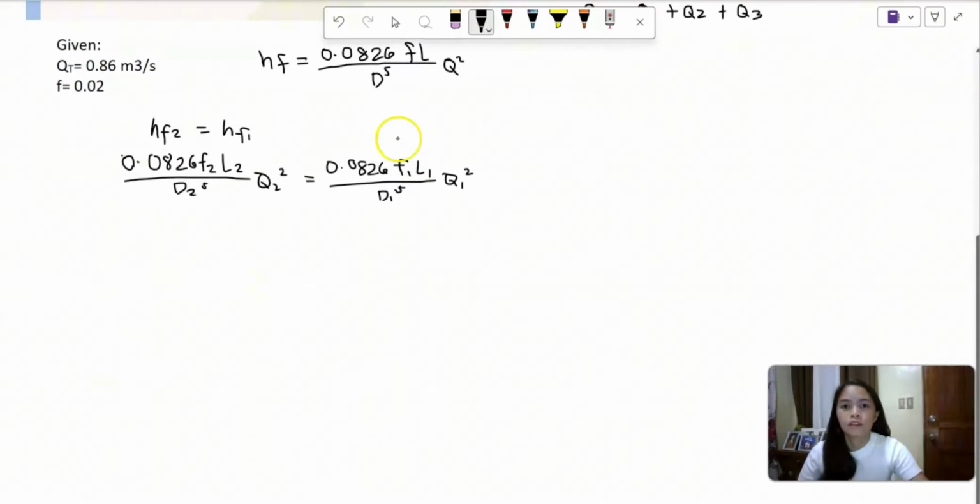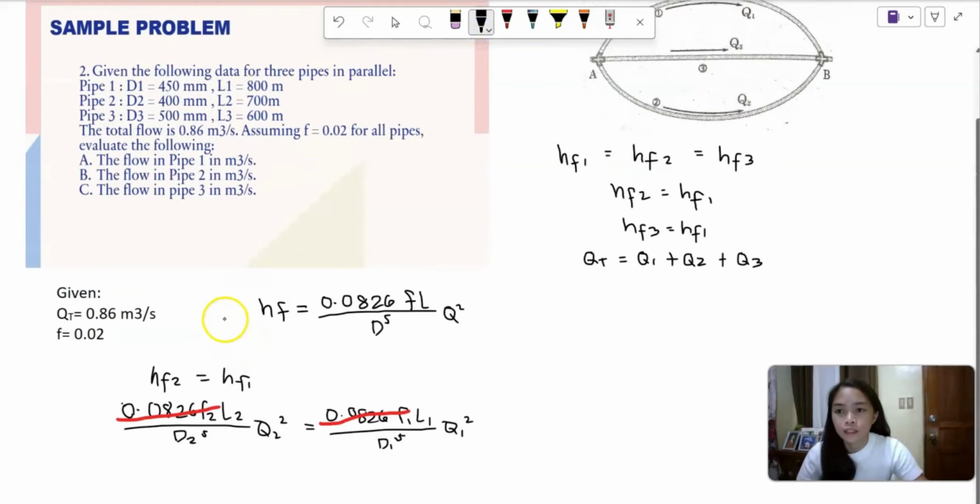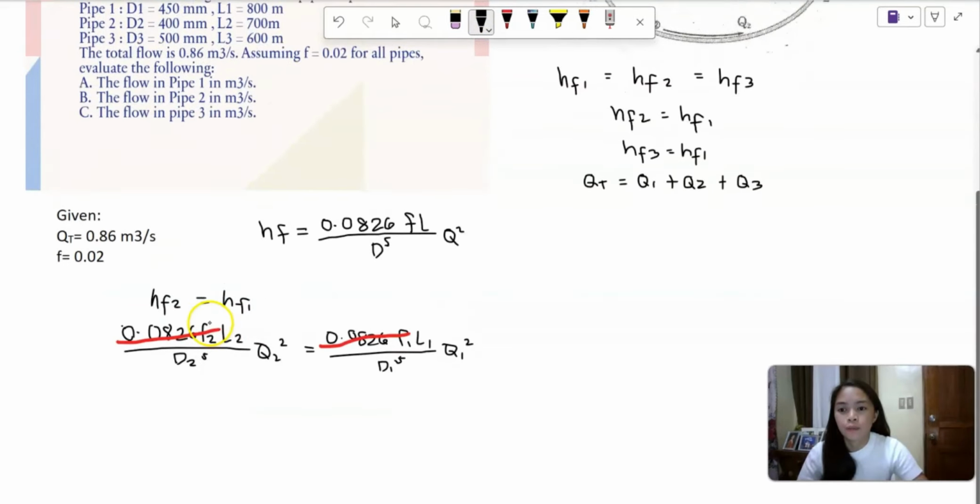What remains is we will plug the values of the length and the diameter of pipe 2 and pipe 1.